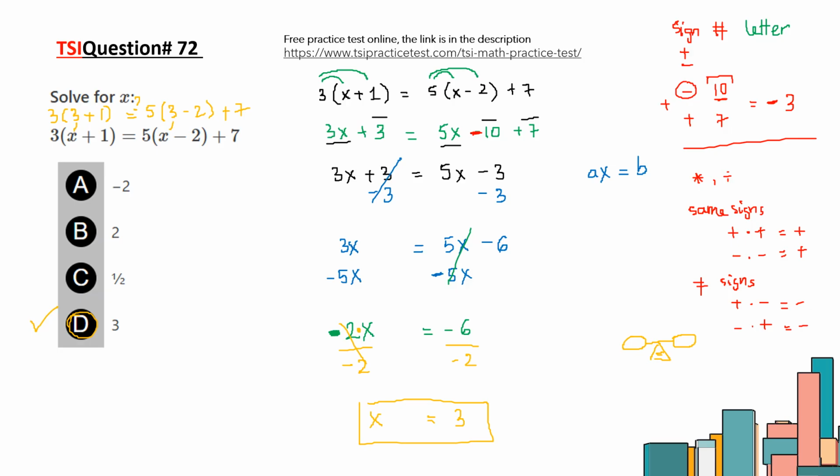That is the checking process. So we double check it. 3 times (3 plus 1): 3 plus 1 is 4, and 3 times 4 is 12. So on the left-hand side we have 12. On the right-hand side, 3 minus 2 is 1. 1 times 5 is 5. 5 plus 7 is 12. So this is correct.